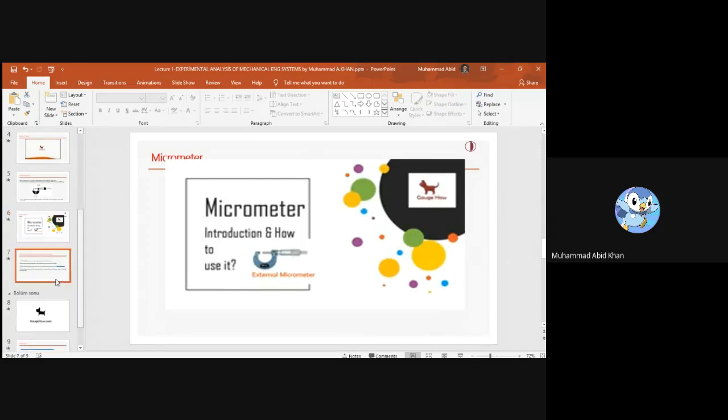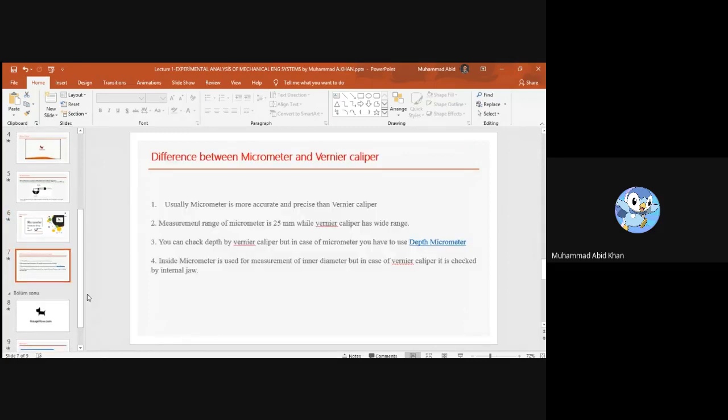The next lecture. Now, we studied the Vernier caliper in the previous slide and the micrometer. Here we will see the difference between the micrometer and the Vernier caliper. Let's see what is the difference between both devices.